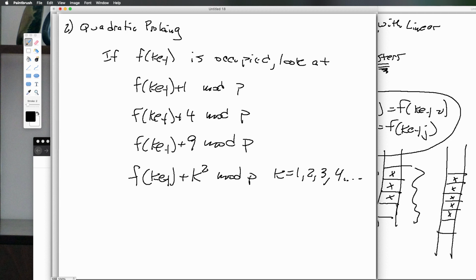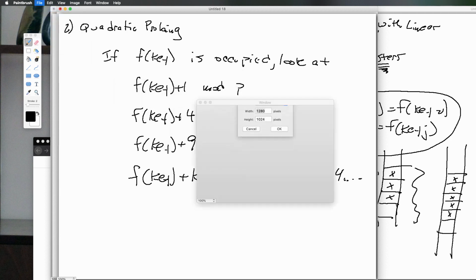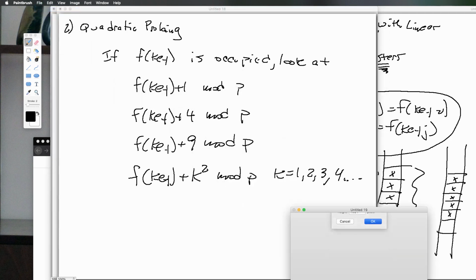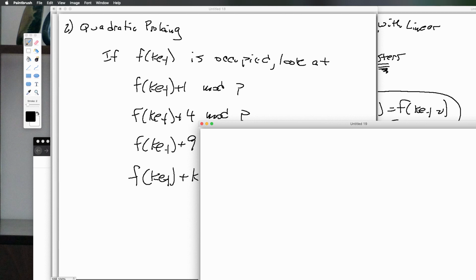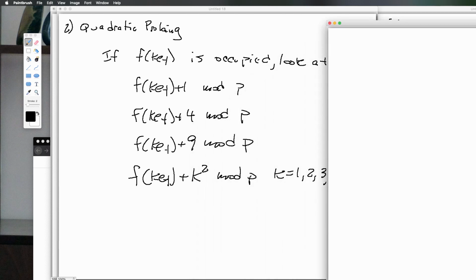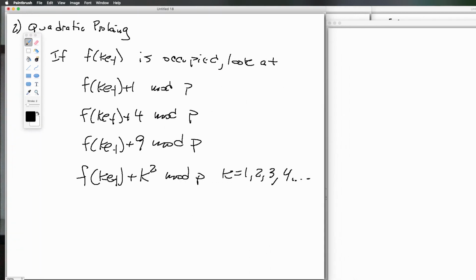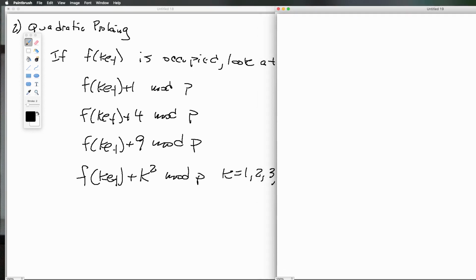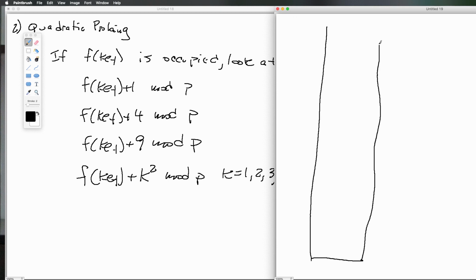Now, so what is this supposed to do for you? Well, the idea being, again, here's our hash table.